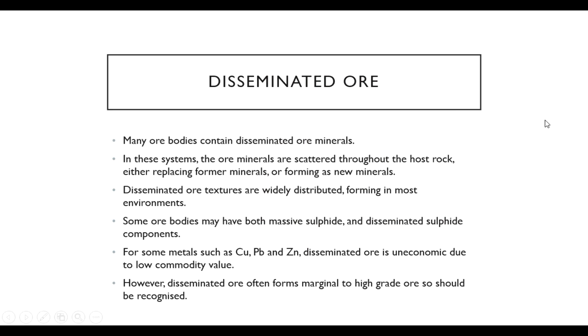The other common case is broadly disseminated ore, so that just means it's spread out and scattered through the host rock. This could be replacement or just their own minerals that have formed.